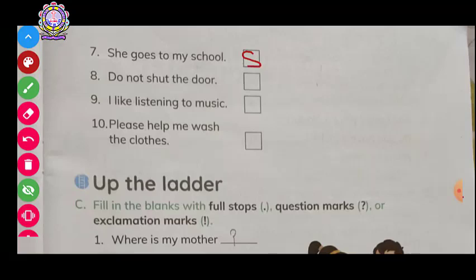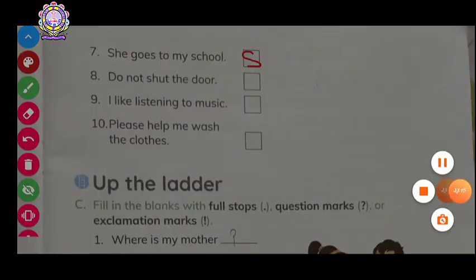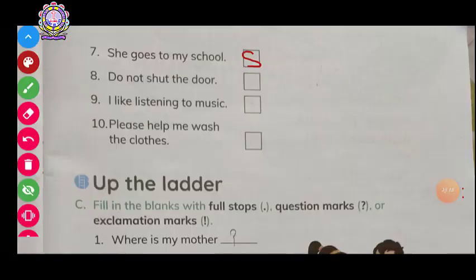Yes, this is your command. Next, I like listening to music. It's a statement giving information. Please help me wash the clothes. Now this is the request. Someone is requesting.